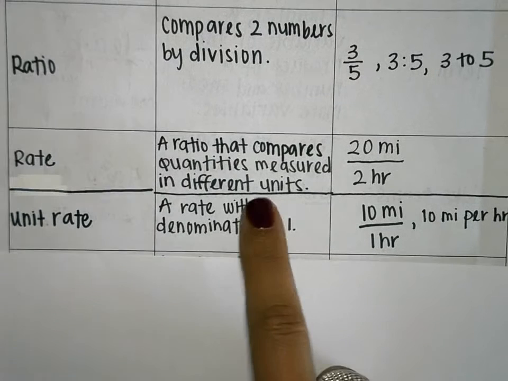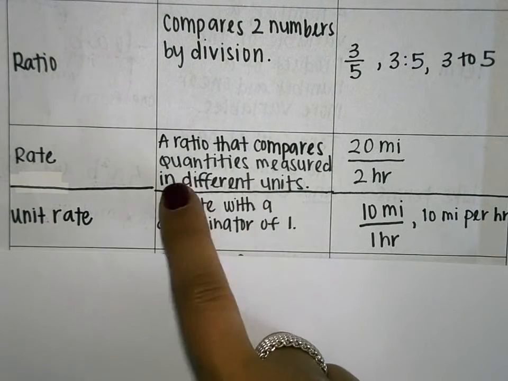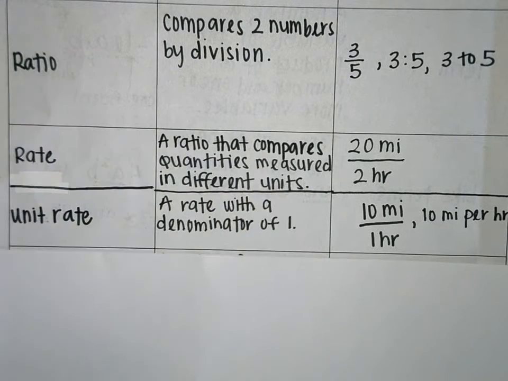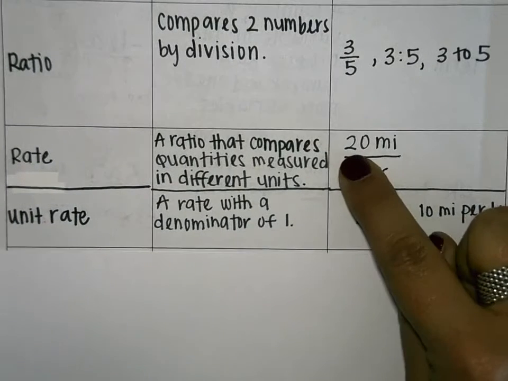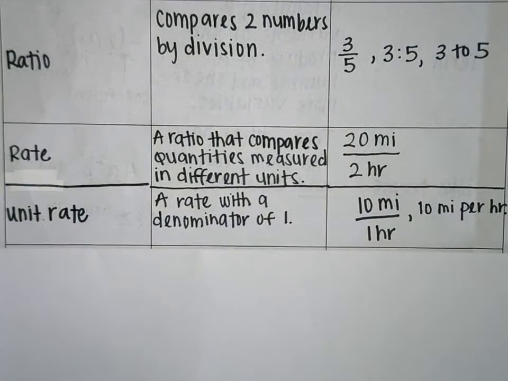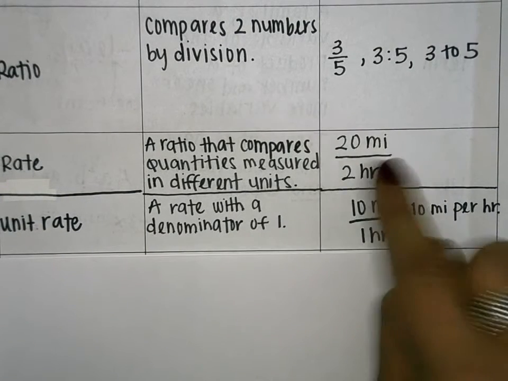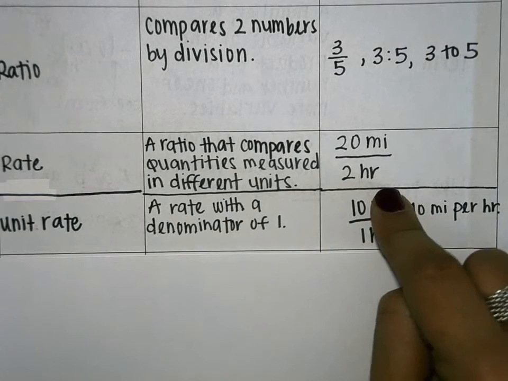The definition of a rate is a ratio that compares quantities measured in different units. For example, 20 miles in 2 hours. So we can say that you drove a car or rode your bike, and in 2 hours you rode 20 miles. So 20 miles for every 2 hours is a rate.